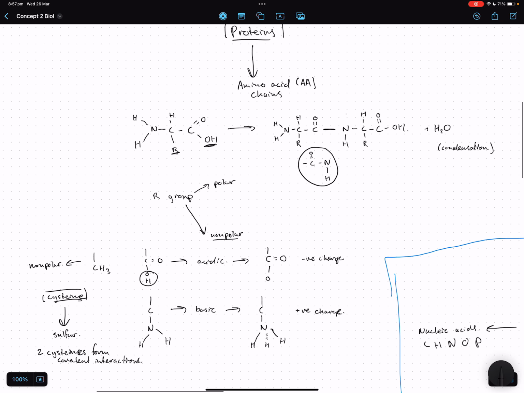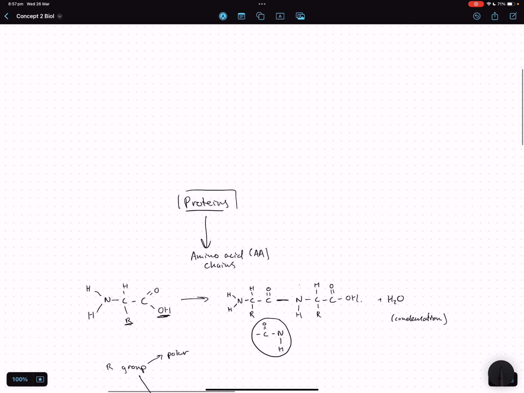Protein has four distinct structures. So you have primary, secondary, tertiary, and quaternary.